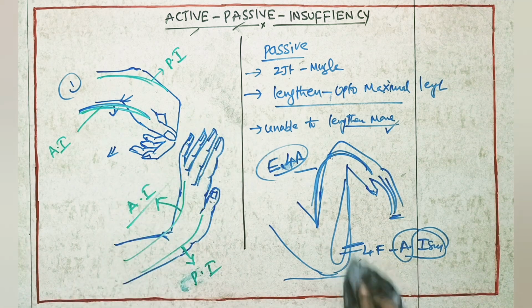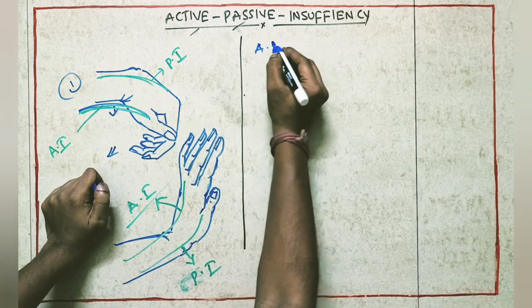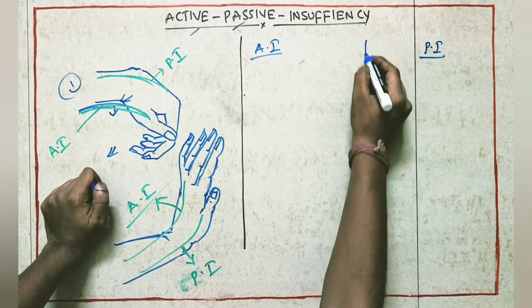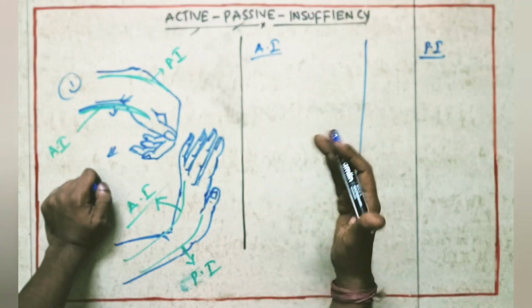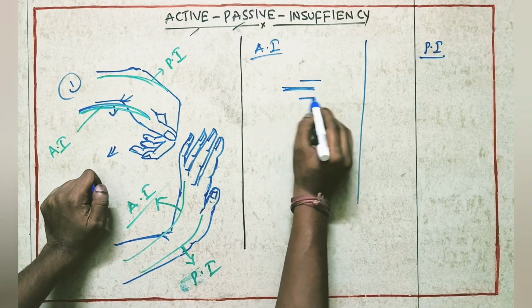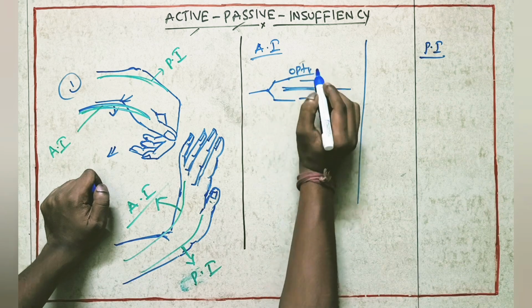Two special points we will see, regarding active insufficiency and passive insufficiency. Active insufficiency is when the muscle cannot shorten any further. Here there is myosin, and here there is actin. This is the optimal length of the muscle.